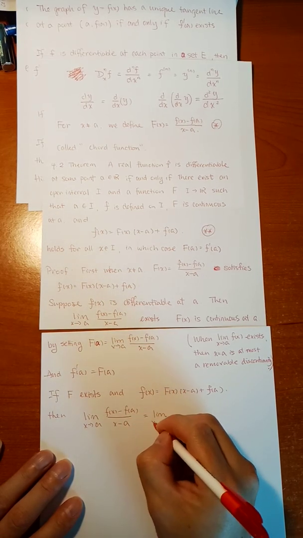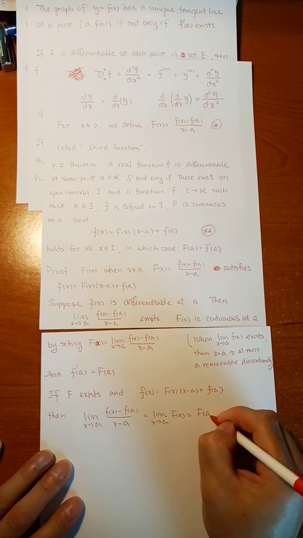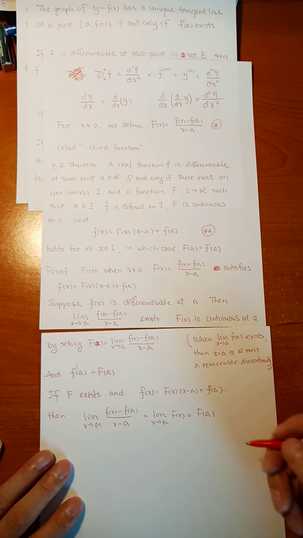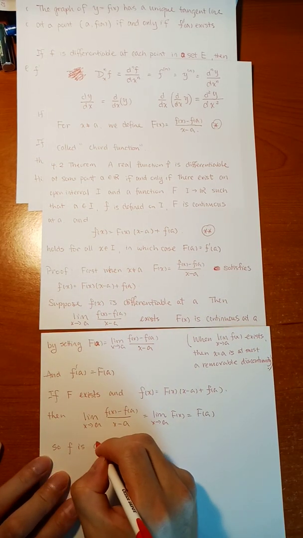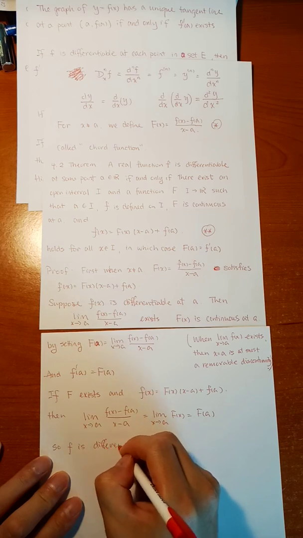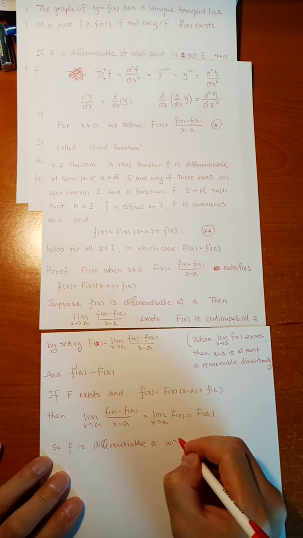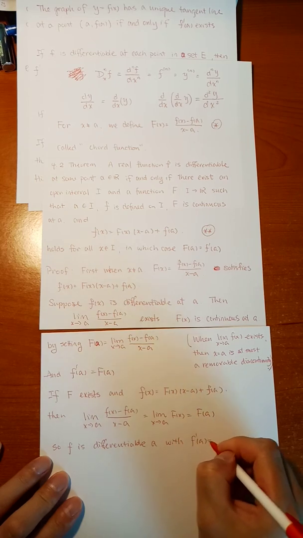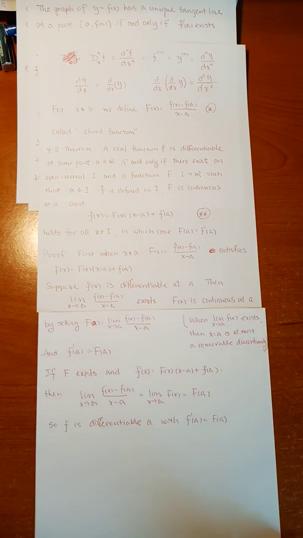That is just the limit as x approaches a of capital F of x, and we know that capital F is continuous, so it is equal to capital F of a. The limit exists, so f is differentiable at a with f prime of a equal to capital F of a.